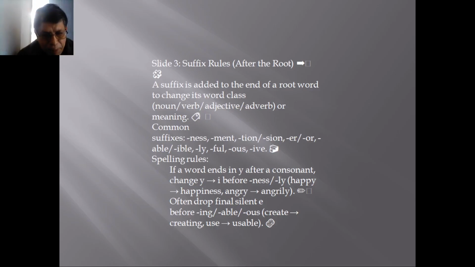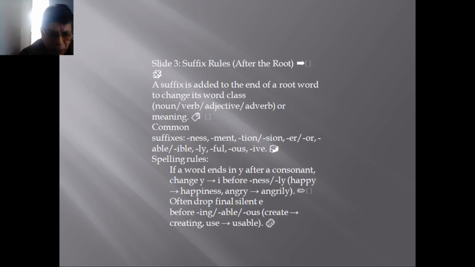See, happiness: happy ends in y, and before y there is one consonant. So after adding ness, the y becomes i, happiness. Similarly, angrily. Angry ends in y, and before it r is the consonant. So after adding ly, y becomes i, that is angrily.